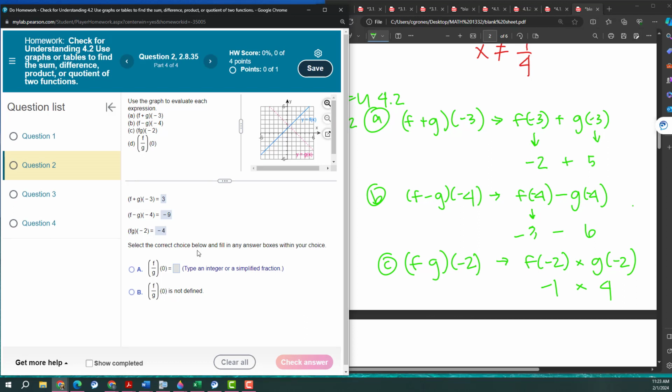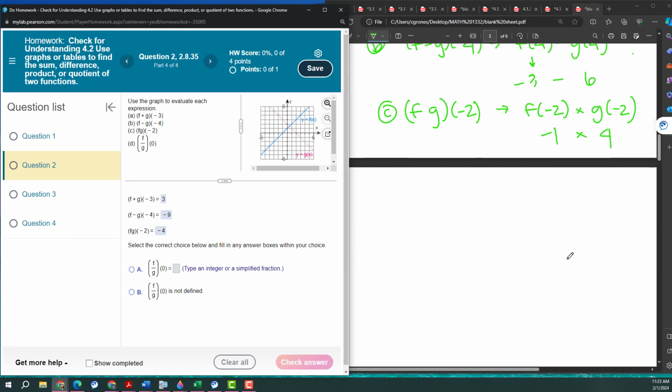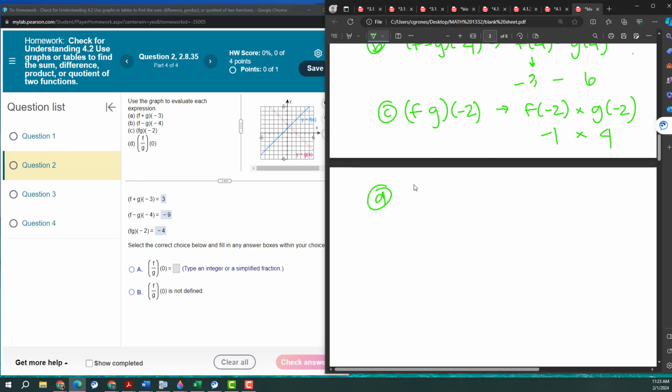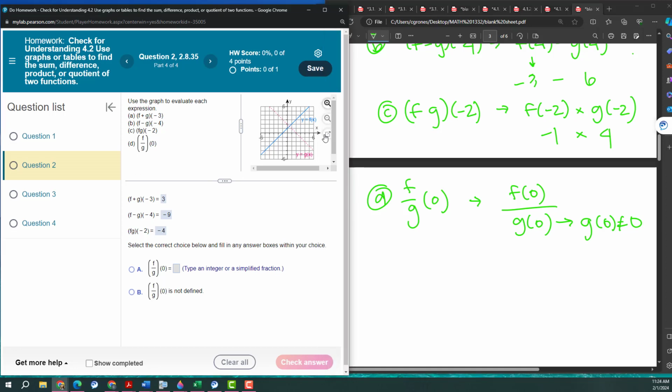And then the last one is going to be f divided by g. So I've got f over g, and then we're looking at the point 0. So that's going to be f of 0 divided by g of 0. And remember, g cannot equal 0. So let's look at our graph.